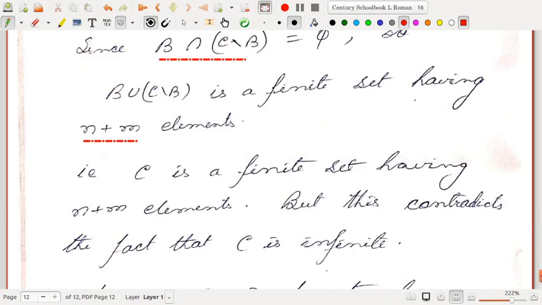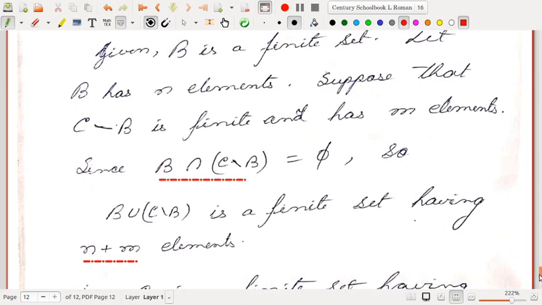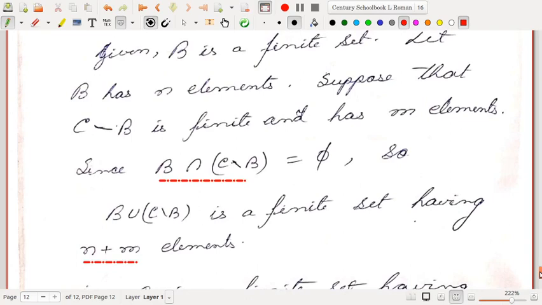Sorry, I have written something wrong here. The intersection of B with C minus B is empty, and then B union C minus B is a finite set having n plus m elements.